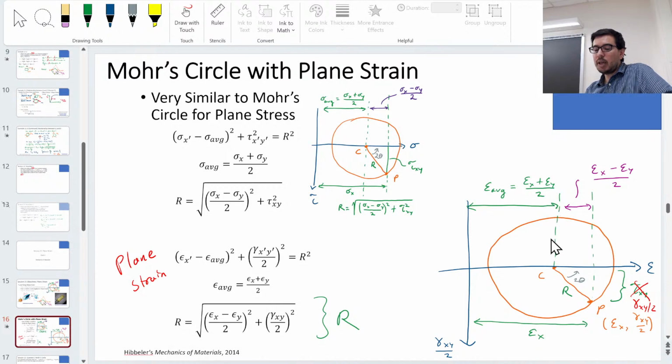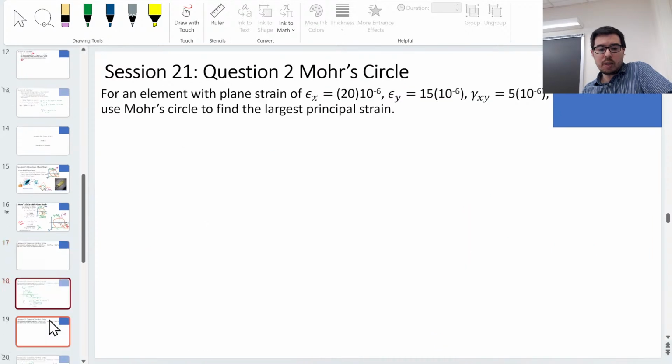So when we look at maximum shear strain, we are going to get a number, the radius, that is actually gamma over 2 instead of just what the in-plane maximum shear strain would be. Okay. So those are 2/3 of what this session covers.